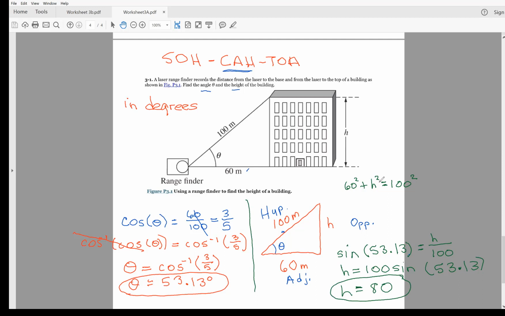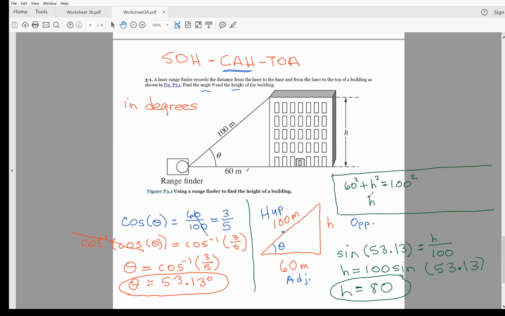I guess we can do it here using the Pythagorean theorem and see how they connect. So I would have 100 squared minus 60 squared, which is equal to 6,400.